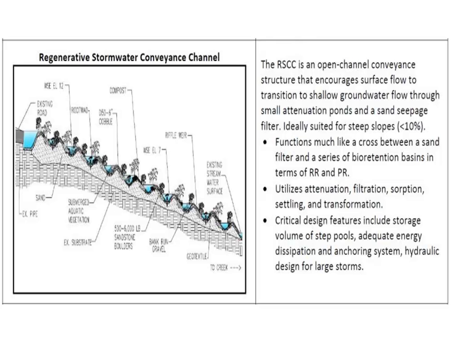This is kind of an interesting idea of a regenerative stormwater conveyance channel that essentially is a series of connected pools. And the purpose of having a series of pools like this is that, think about how steep that channel looks, and it's exaggerated for effect, but if you had a very steep channel, then the water is going to move very quickly through that channel, and there's not going to be very much infiltration.